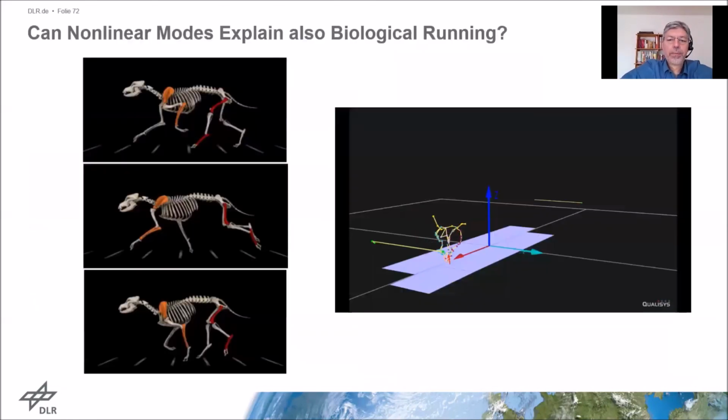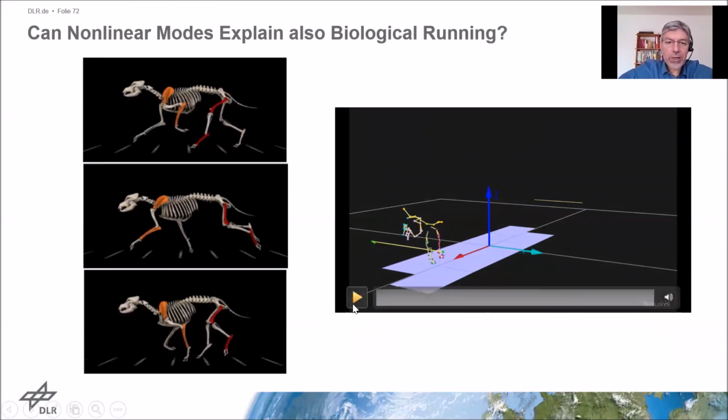Of course, I would be very interested to see if this concept of nonlinear modes is also good enough to provide hypotheses for explaining biological data from tracking measurements with animals. There are plenty of very interesting data of motion tracking and force plates of running and galloping and walking of different dog races.